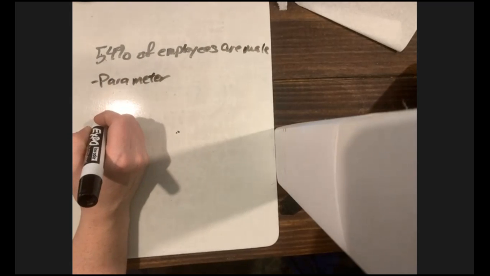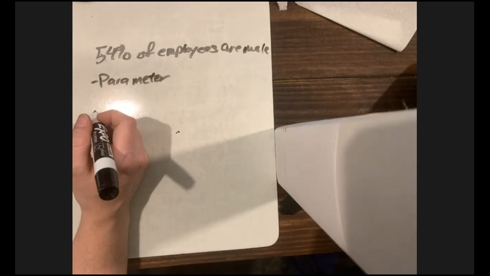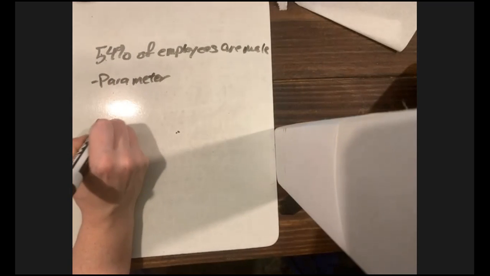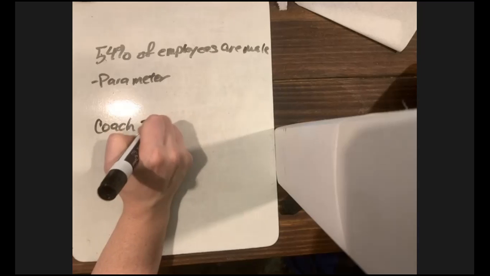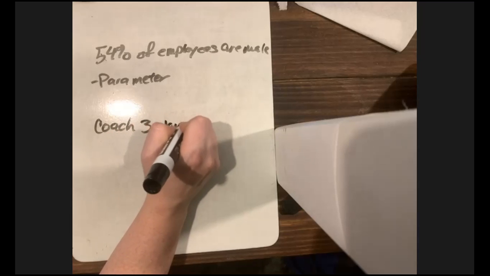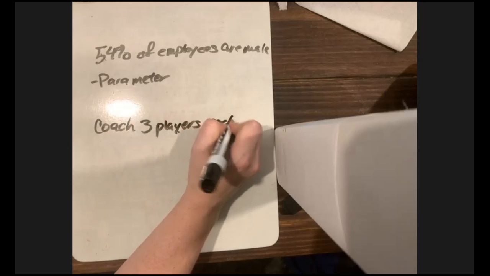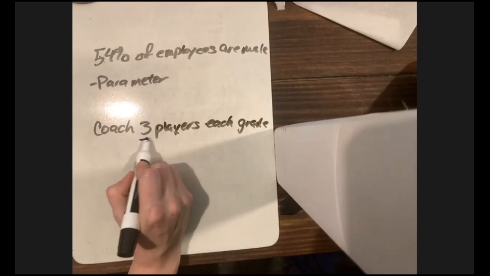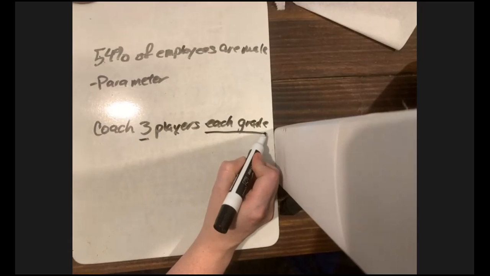So the next few want us to sort out what kind of sampling is being used. We've got the coach gets 3 players from each grade. Now, key here is we've got a small number out of each grade.